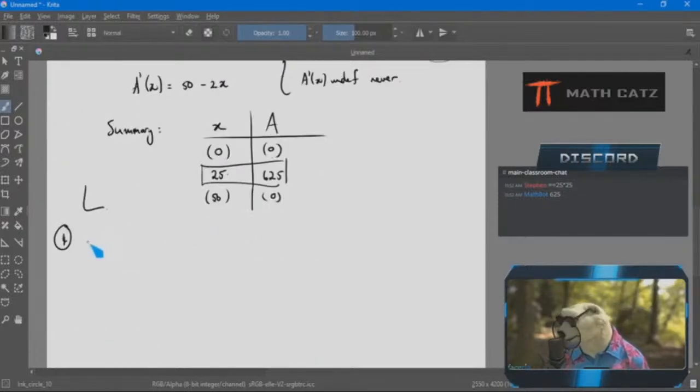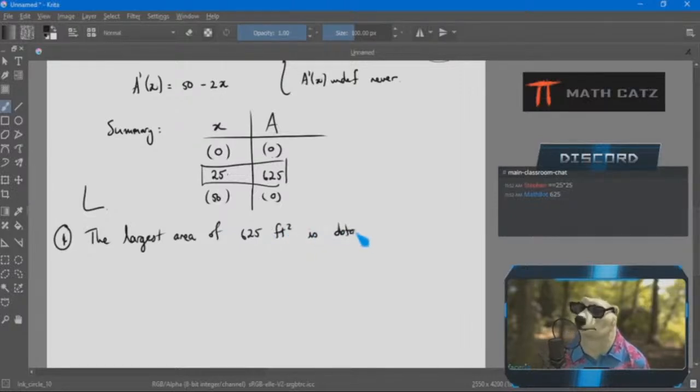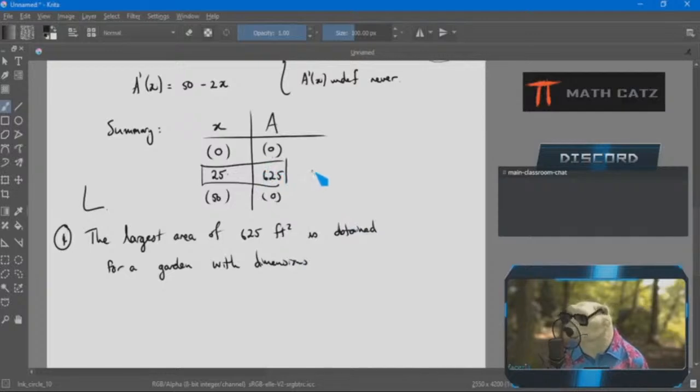Important. So, just a little concluding sentence. The largest area of 625, and that would be square feet, is obtained for a garden with dimensions, well, I have x.